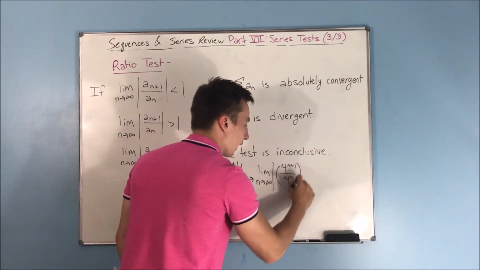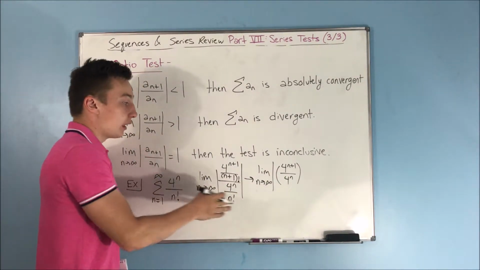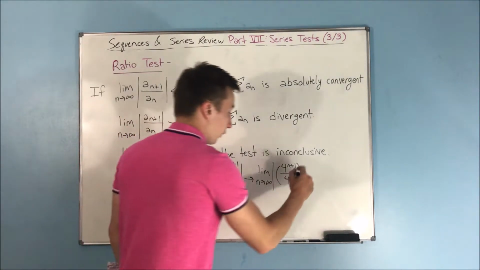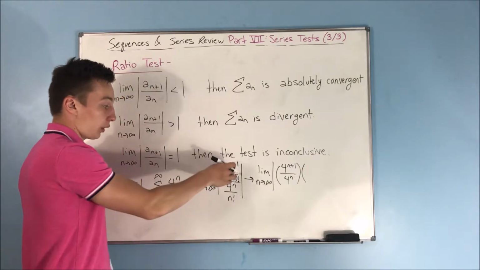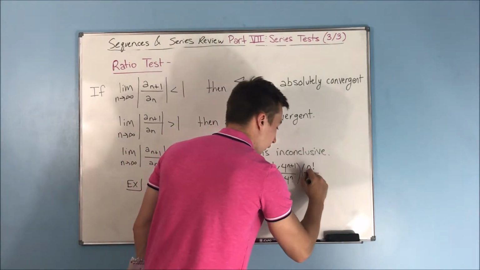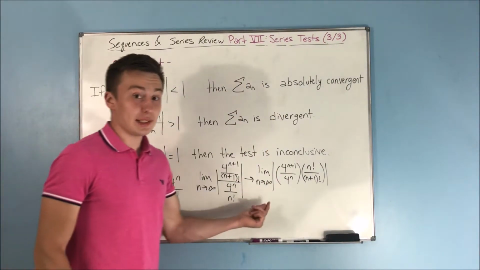I put those together because you'll get some easy cancellations when you divide them out. Next we have n factorial over n plus 1 factorial, so I'm going to put the factorials together here. Now this just becomes a pretty easy limit to solve.